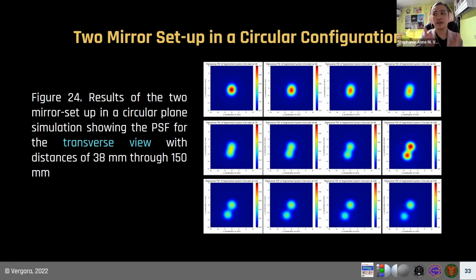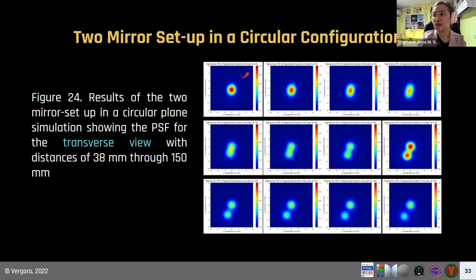That's what the point spread function is representing in real life. So for these figures, this circle represents the focal plane, and the red dot represents the focus, meaning the intensity is at 1.